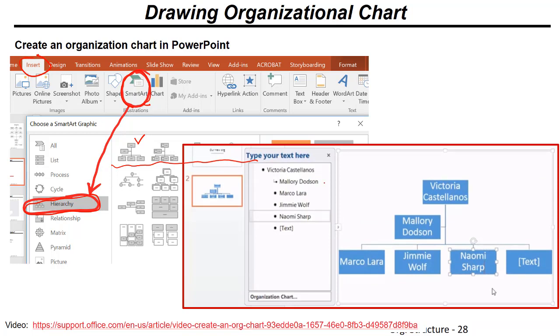You're allowed to enter text information, in this case people's names or the job title for a particular building block in your organizational chart, and also figure out how you can move those boxes around.